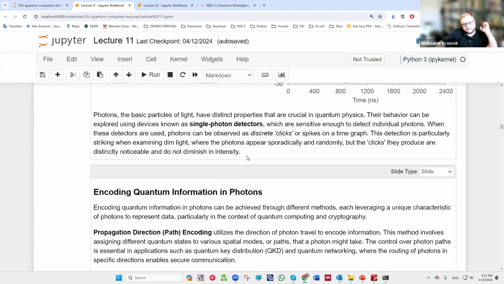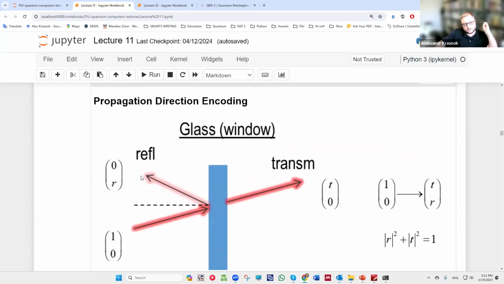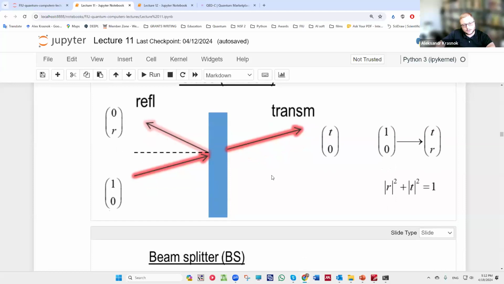The simplest way to encode quantum information is the propagation direction, like light propagating horizontally can be one state, light propagating vertically is another state, and we can already use this encoding into the direction of propagation as the simplest quantum bit, or qubit.